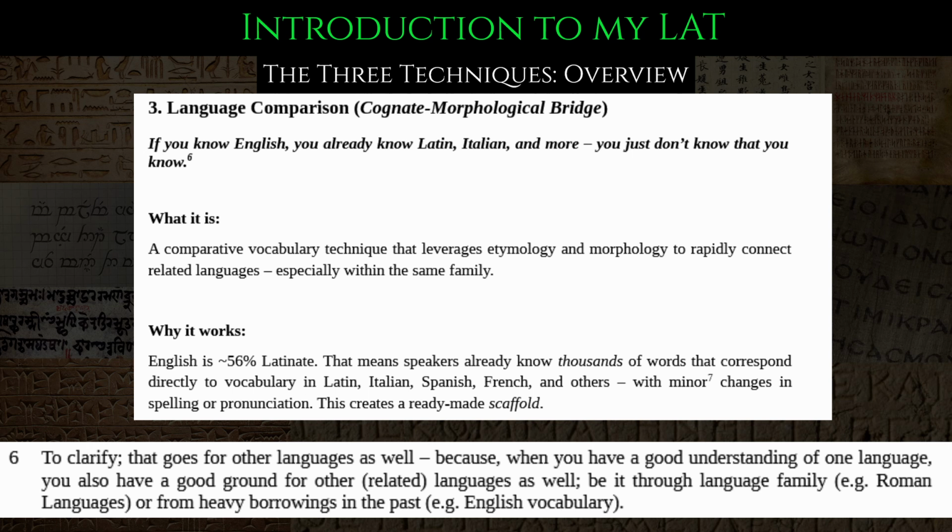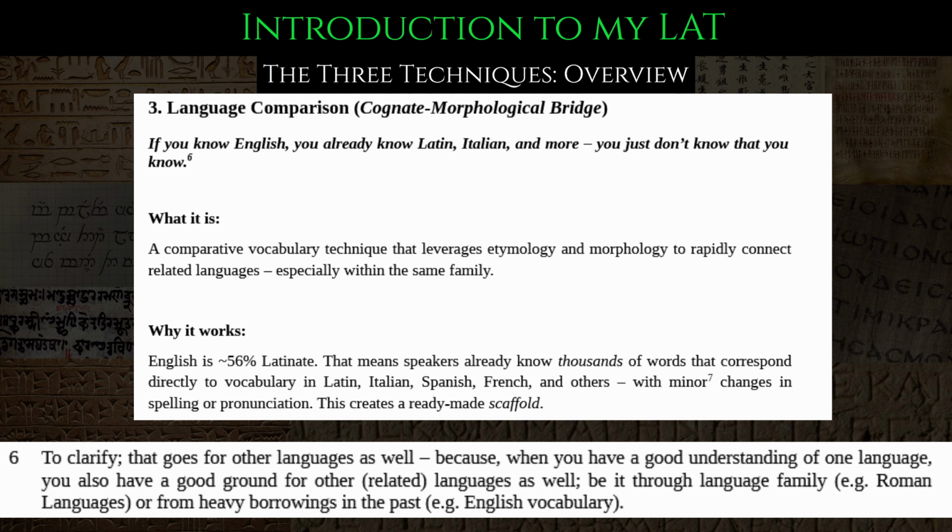It is a comparative vocabulary technique that leverages etymology and morphology to rapidly connect related languages, especially within the same family. Basically, we are utilizing the similarities of related languages, for example, in terms of similar grammatical structures, be it syntax or a flexive case system.